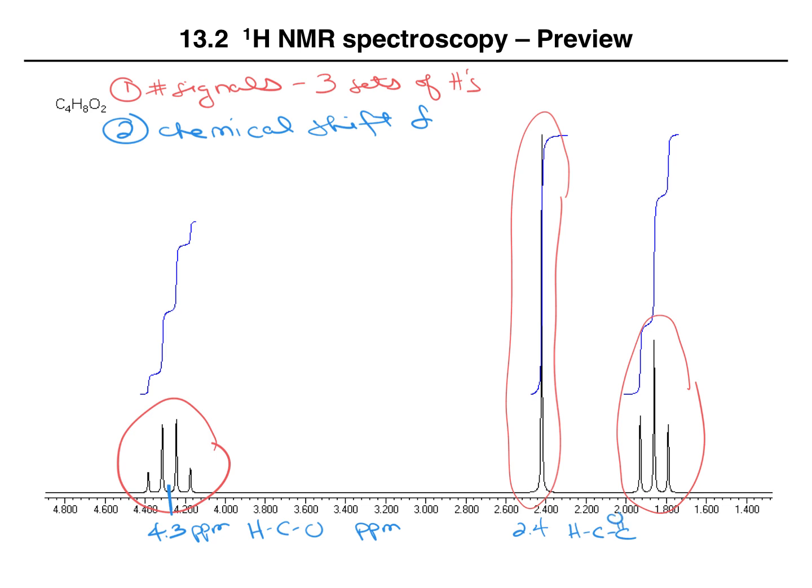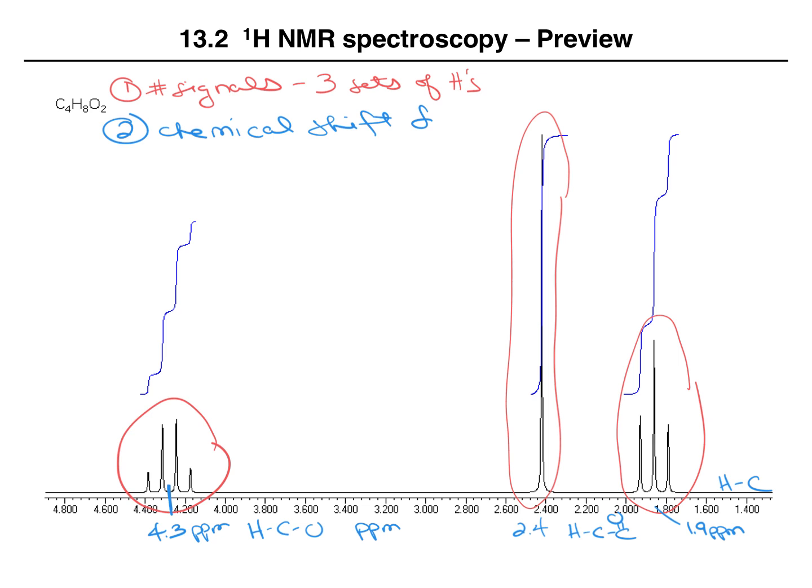And then this signal at about 1.9 ppm, this is most likely a hydrogen connected to a regular sp3 hybridized carbon that's further removed from anything special. So it's kind of a typical CH.